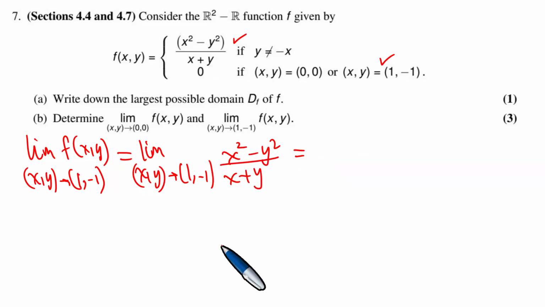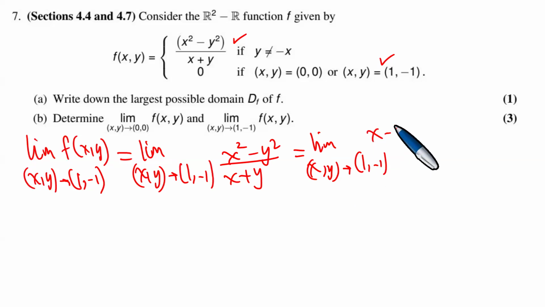All right, and just 3 marks, very basic. So we have the limit as x and y together approach 1 minus 1, and this is x minus y, x plus y together with x plus y.